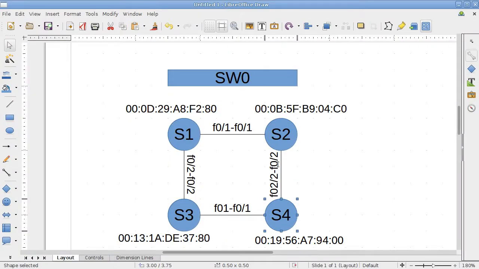So by making this cost higher, it should now prefer this way, and this one would go into blocking.